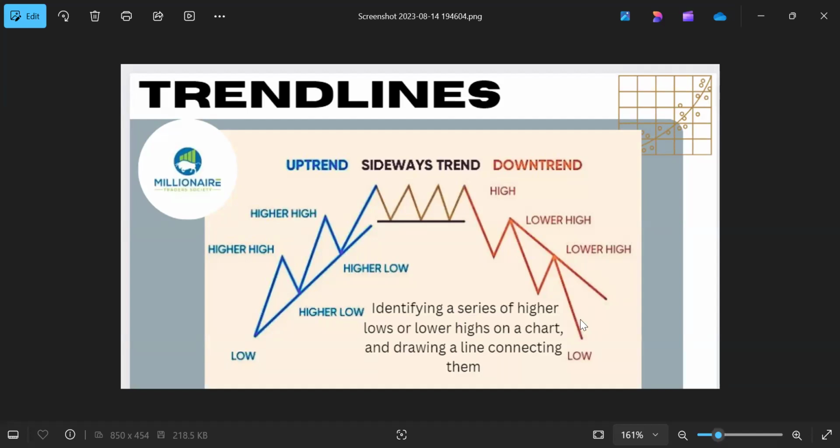So it's basically identifying a series of higher lows and lower highs on a chart and drawing a line connecting them. If you guys want to go ahead and take a picture of this, you can, just for reference. If you are struggling with it, I think this is pretty nice to help identify those higher highs, higher lows, and then lower highs, lower lows.